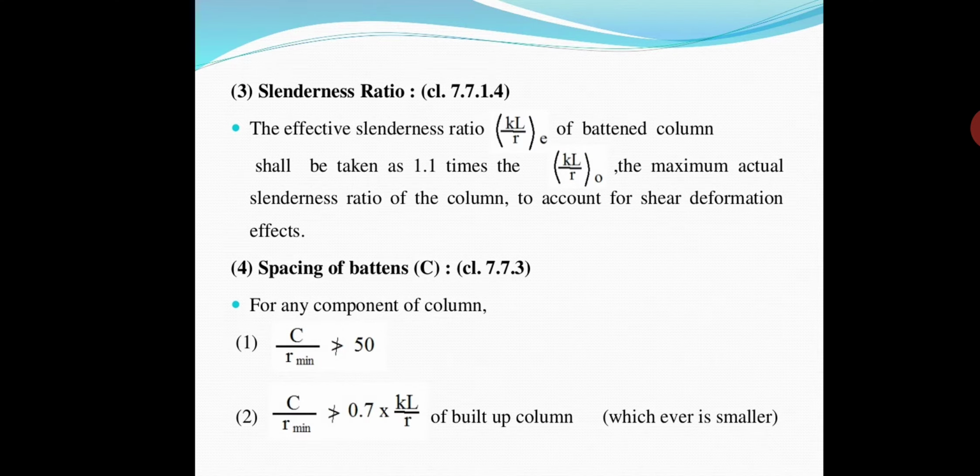So the third step is slenderness ratio. It's given in clause number 7.7.1.4. Here for the battening system we use the effective slenderness ratio.